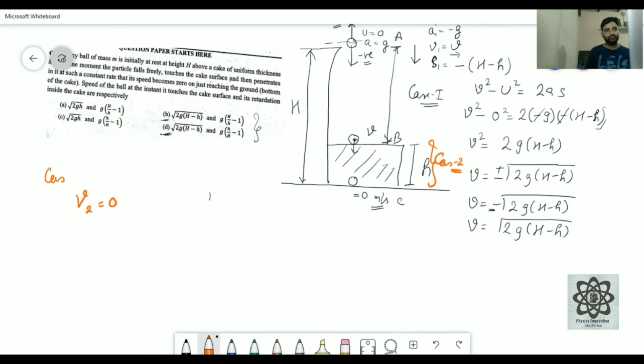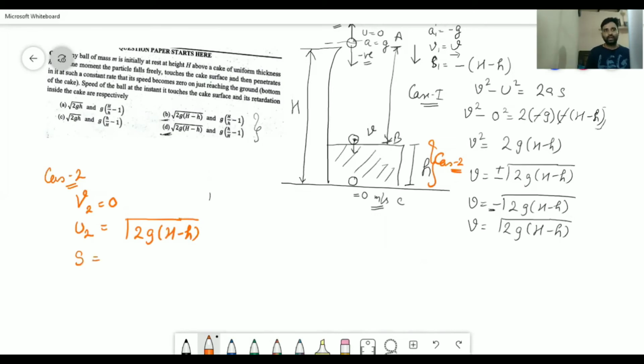The initial velocity of case 2 is the final velocity of case 1, so it will become root 2g(H minus h), right? Now the displacement, as it is in the downward direction, will be minus h, right? And acceleration we need to find out, so we'll take it as a.